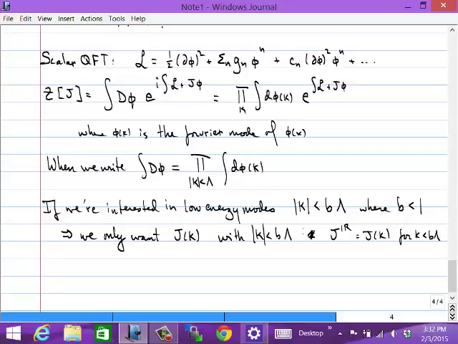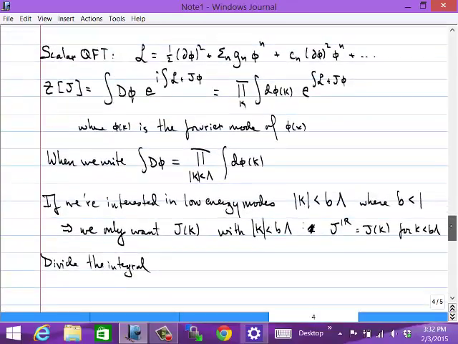So what we want to now do is divide the integral into 2 pieces: a UV part, a part that we don't care about, that we're not going to observe, and an infrared part that we will observe.